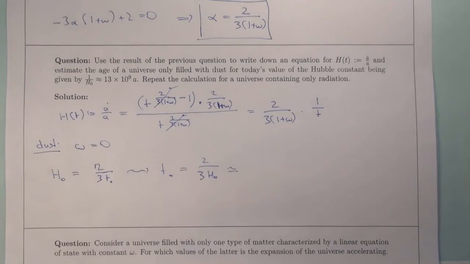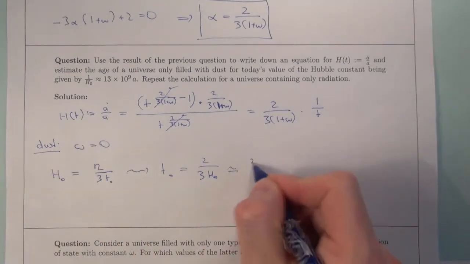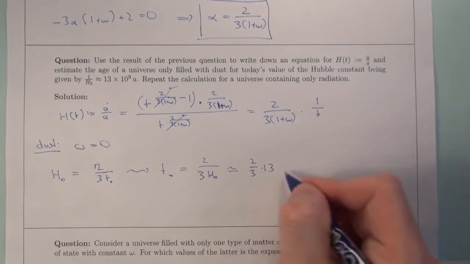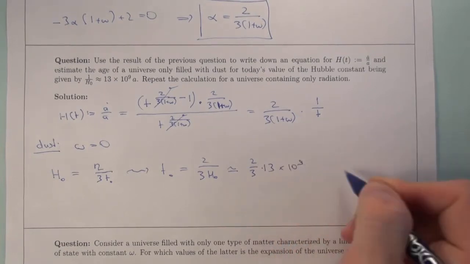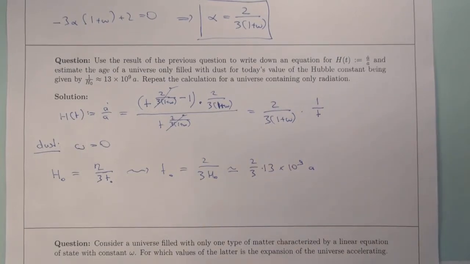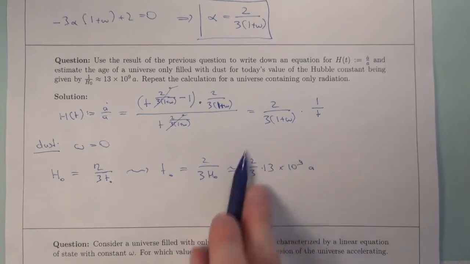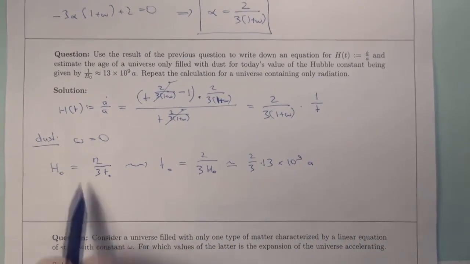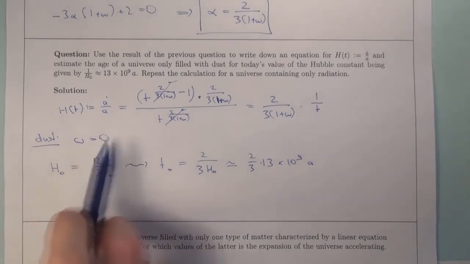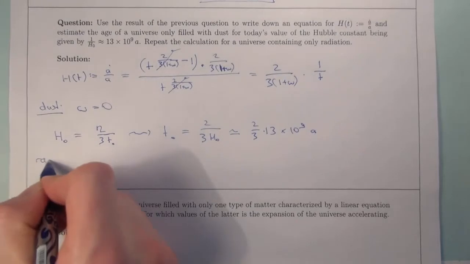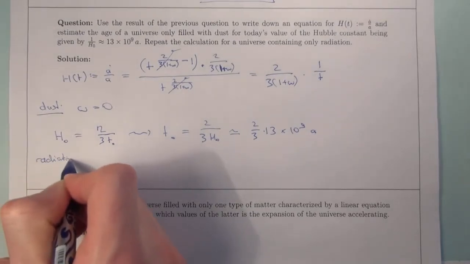So we use that, and the result would be 2/3 times 13 times 10 to the 9 years. Well, that estimates the age of the universe as some value if we assume that everything is just filled with dust.